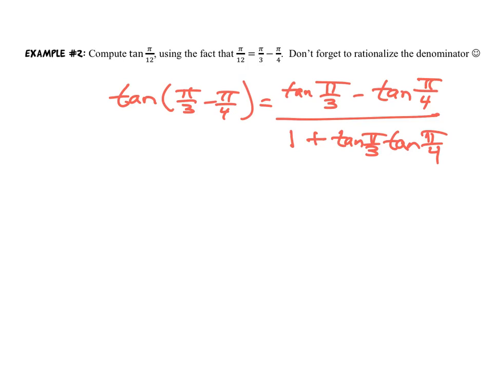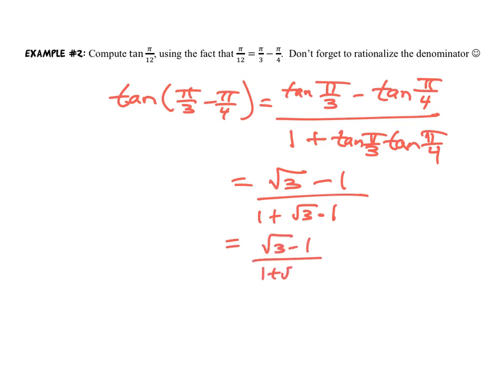All right? And then using our special right triangles, we know that the tangent of pi over 3 is equal to root 3. The tangent of pi over 4 is just 1. And then you have 1 plus root 3 times 1. Okay, and then let's go ahead and keep simplifying. You've got root 3 minus 1 over 1 plus root 3. And there we go. There's really nothing else we can do there.